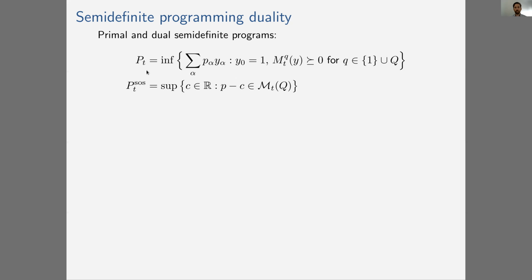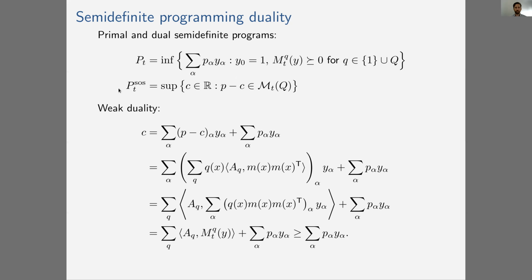But now my claim is that they're both semi-definite programs and they're actually dual to each other. Showing this is a little bit of technical work. So I'll instead show something slightly weaker, but basically all the ingredients to show that these are SDP duals are also in this proof. I think it's a bit nicer to consider this proof of weak duality.